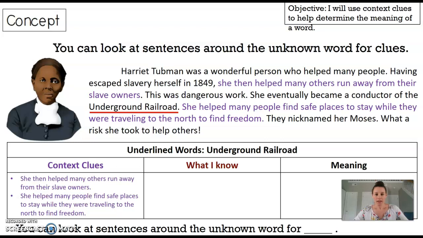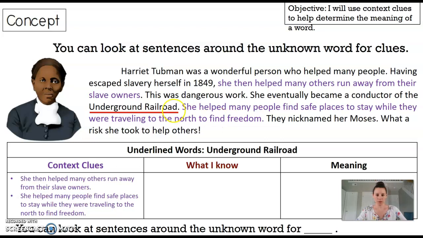I've highlighted, she then helped many others run away from their slave owners. And I've also highlighted, she helped many people find safe places to stay while they were traveling to the north to find freedom.